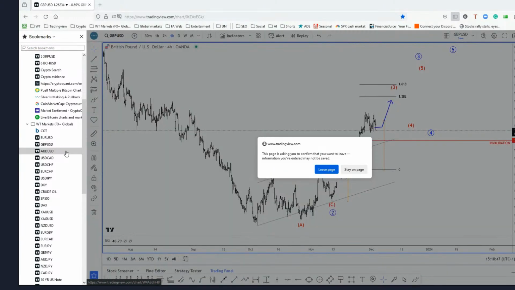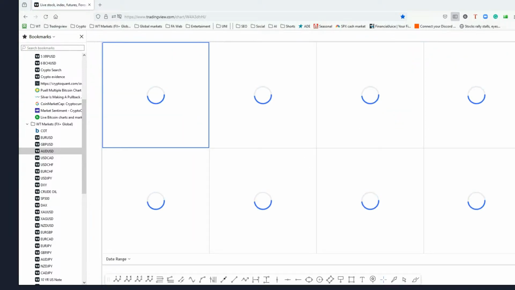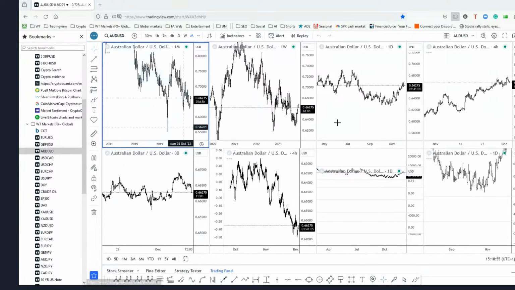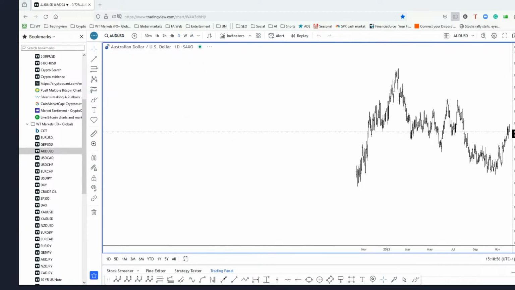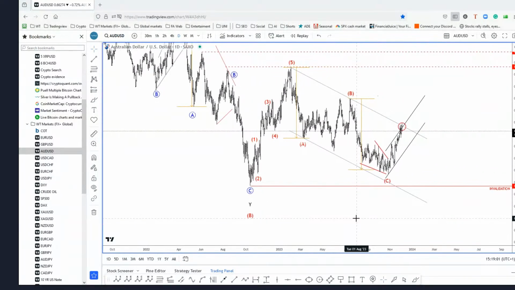Now let's take a look also on Aussie. So Aussie dollar has recently come nicely higher. I think that a major bottom could be forming here, but we stopped at this trend line resistance.